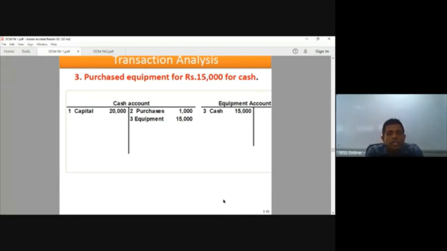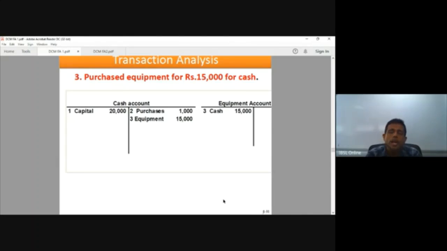When you purchase an equipment, you get an equipment. Equipment is used to generate income. Therefore, that is an asset to the entity. Asset increase, then you have to debit that equipment account.